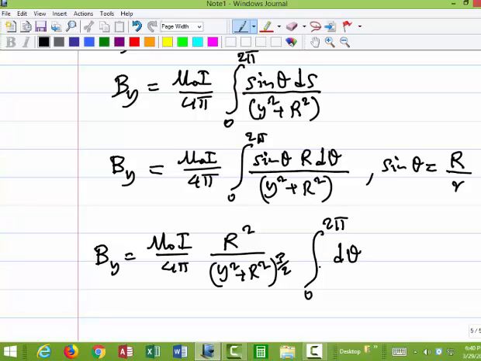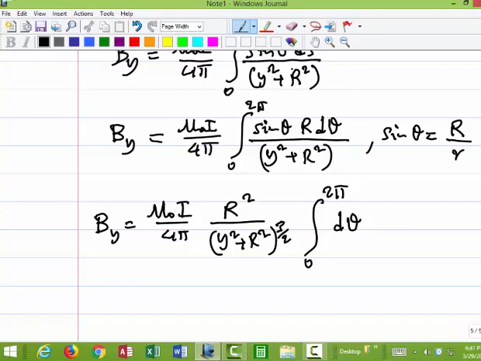What I've done is I've taken sine theta and replaced it by uppercase R over lowercase r. Lowercase r is the square root of y squared plus R squared. And since those are not variable, I'm not integrating over them. So I take them out of the integral sign and I'm integrating over theta. That's how we ended up with this formula.